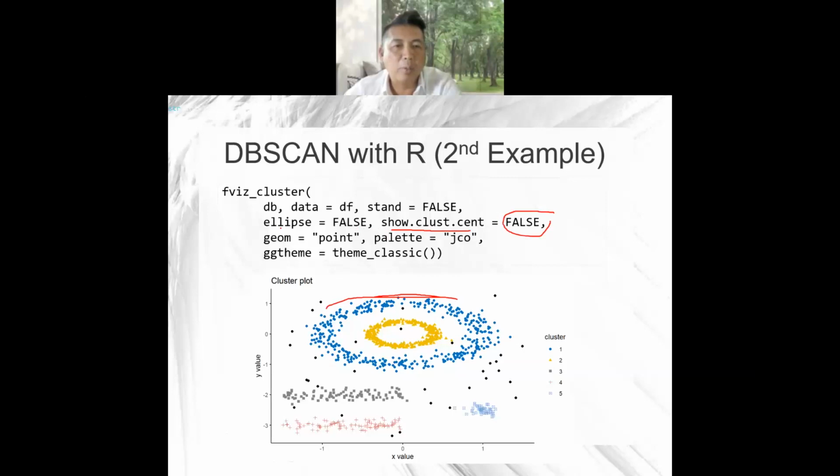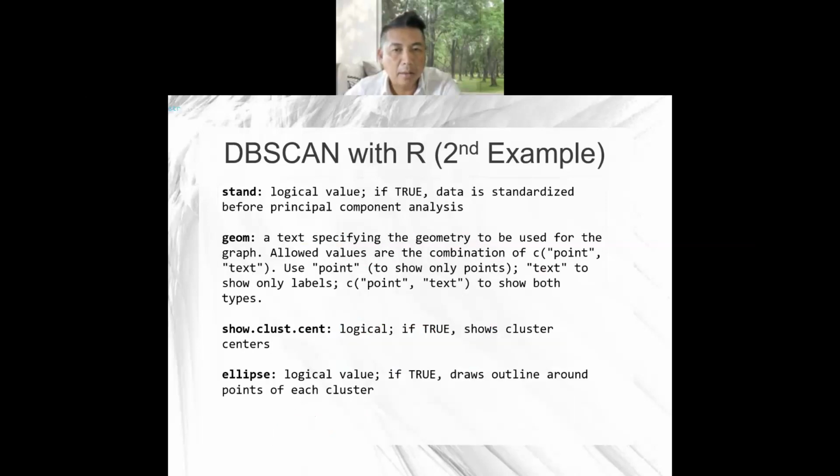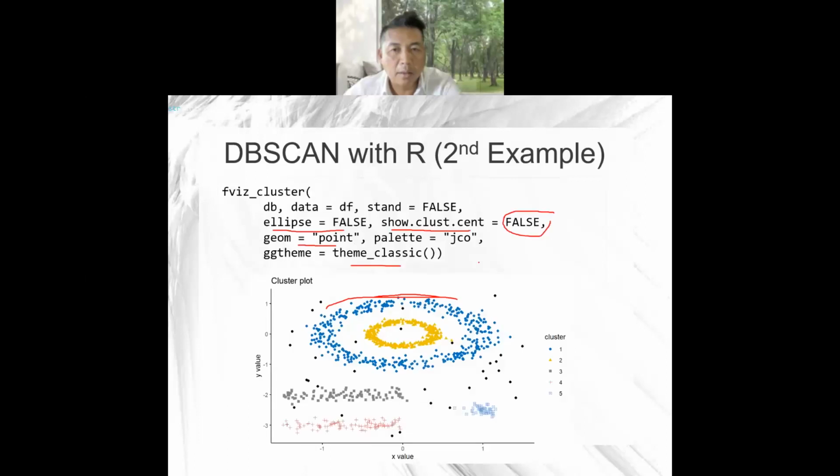And shapes means we will do clustering of different shapes, okay, and we will only plot the points. And the classic for the ggplot will be the standard one. The palette, let me get back to you, but this is some of the settings that we use in order to plot different colors.